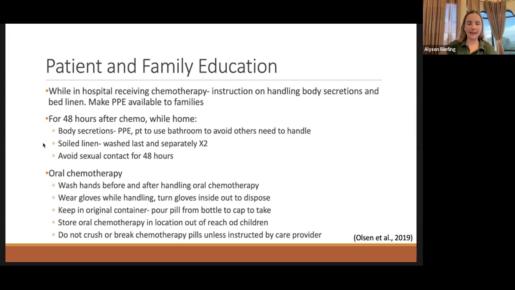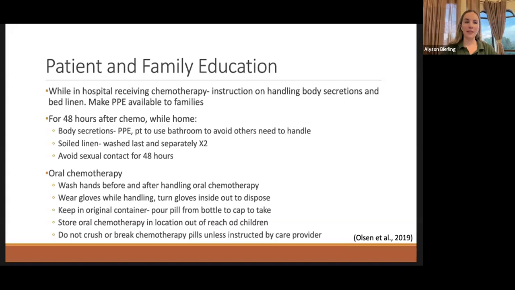If there is linen soiled with bodily fluids, it should be washed separately from non-contaminated linens, and ideally washed 2 times. And because we know there's potential for chemotherapy or chemotherapy metabolites to still be present in bodily secretions, we want to educate patients on the importance of avoiding sexual contact for 2 days, so that they're not exposing their partner to those bodily fluids.